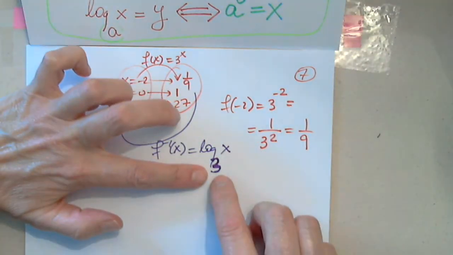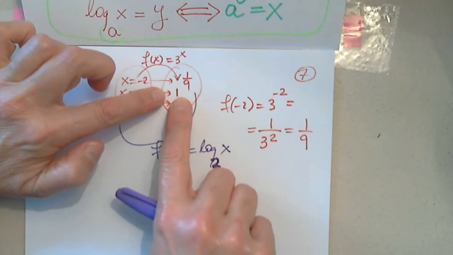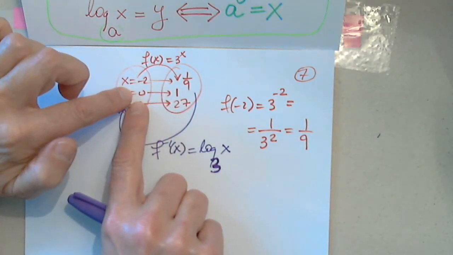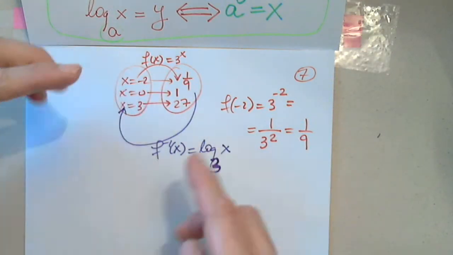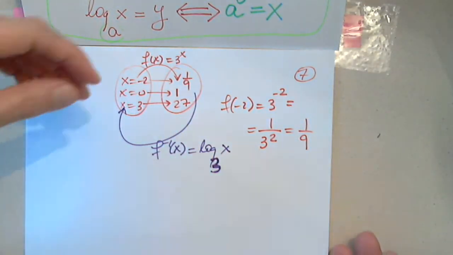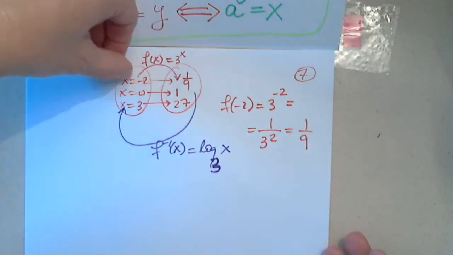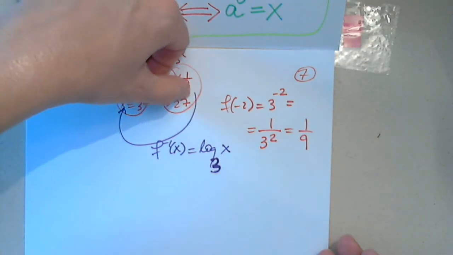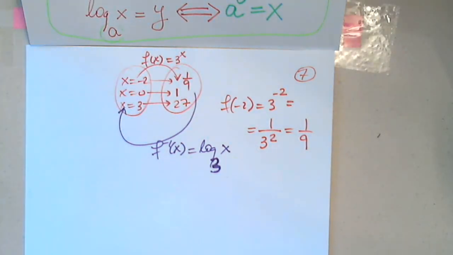When I apply log base 3 to 1, the answer should be 0. And when I apply it to 27, because otherwise this is not the inverse function. If it does not take this back where it came from, and all the other numbers back where they came from, then it's not the inverse function.